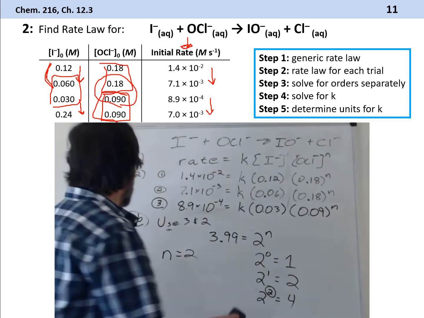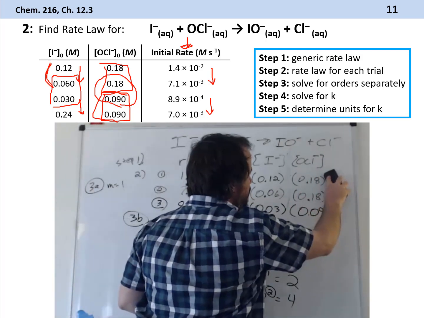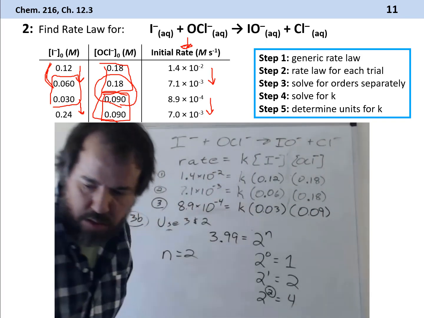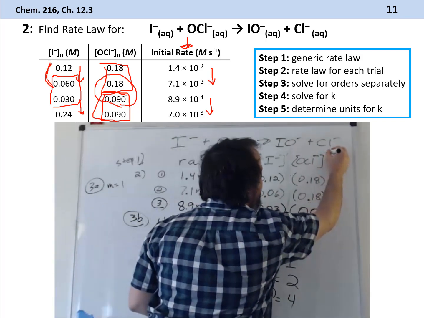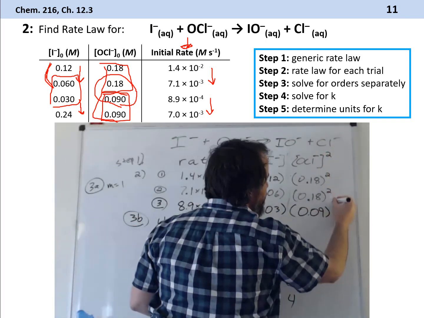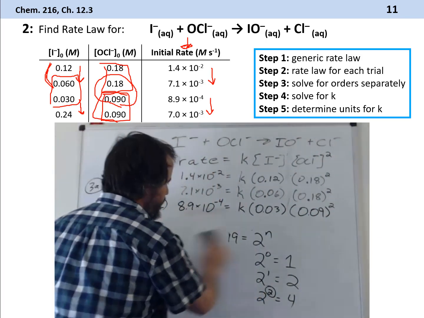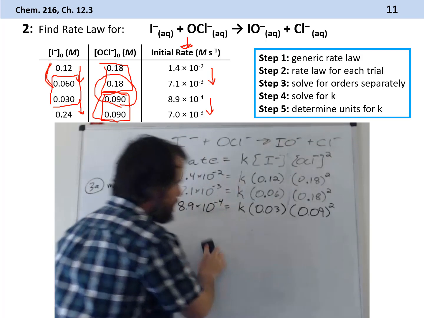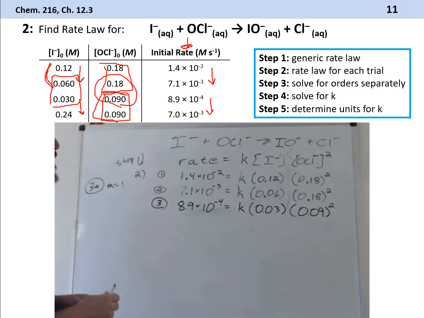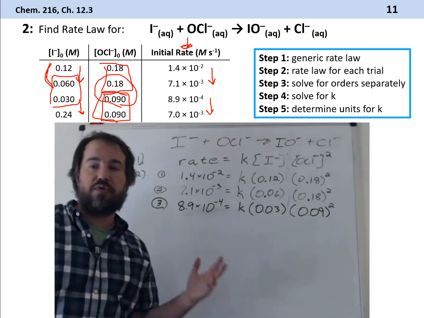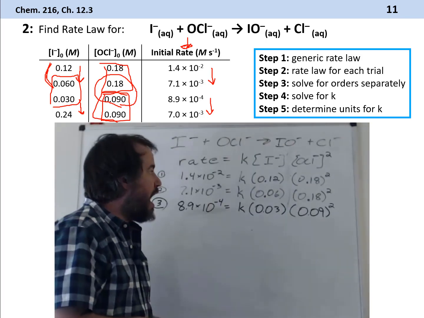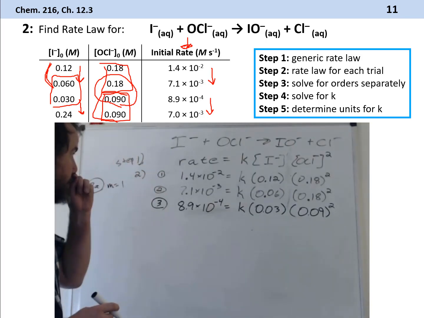That is step 4. All right, so I have these values and these equations. Now I can use them to figure out what my value for k is, right?